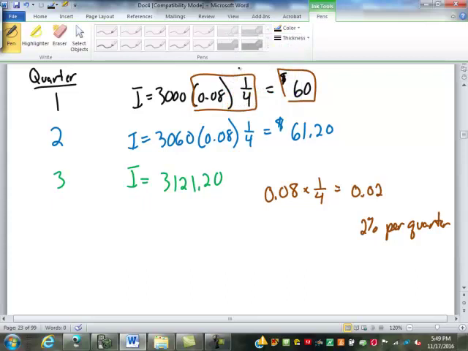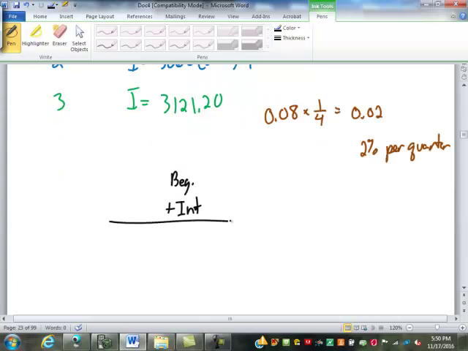Now, if you recall, back 6-7 weeks ago or more now, when we're doing a percent increase like this, just like adding tax or other fees, we start out with the beginning balance. We're going to add our interest to that to get to our ending balance.